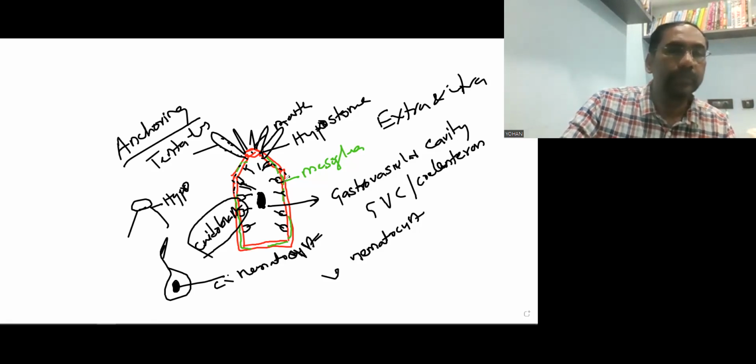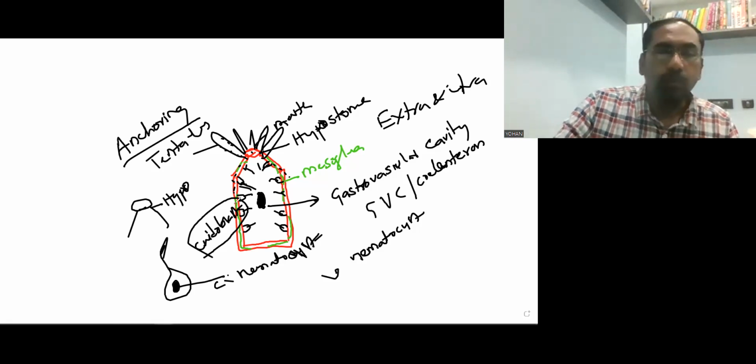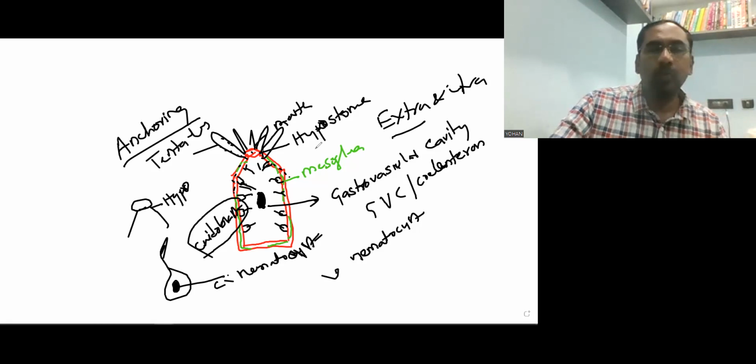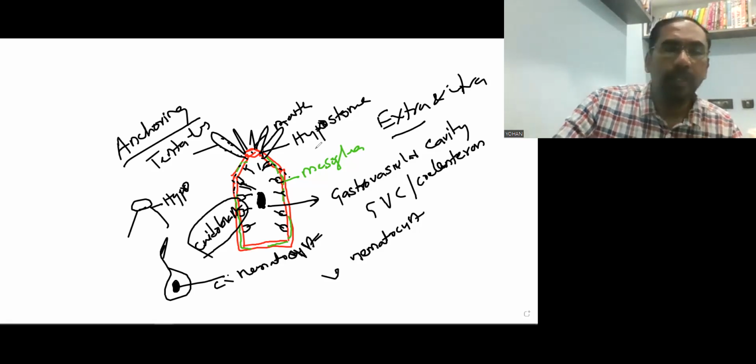Sir, can you repeat? Okay. Digestion is both extra, taking place in the GVC. How the digestion takes place, I'll tell you. First, it catches the prey and takes it into the body through the mouth.